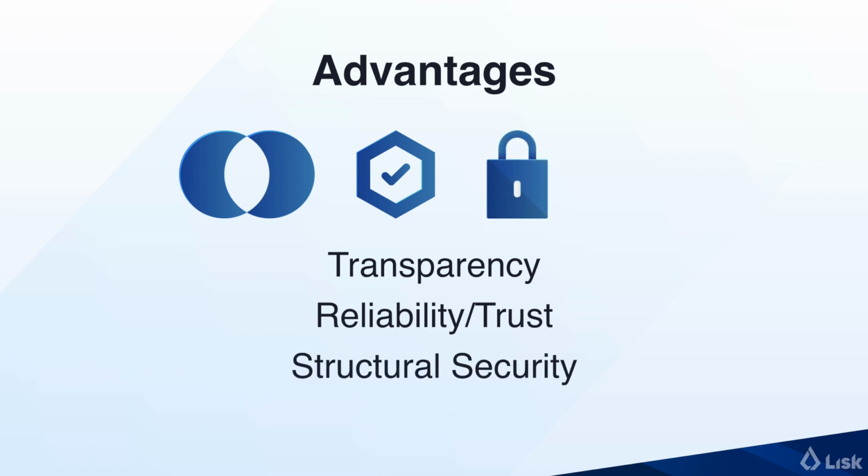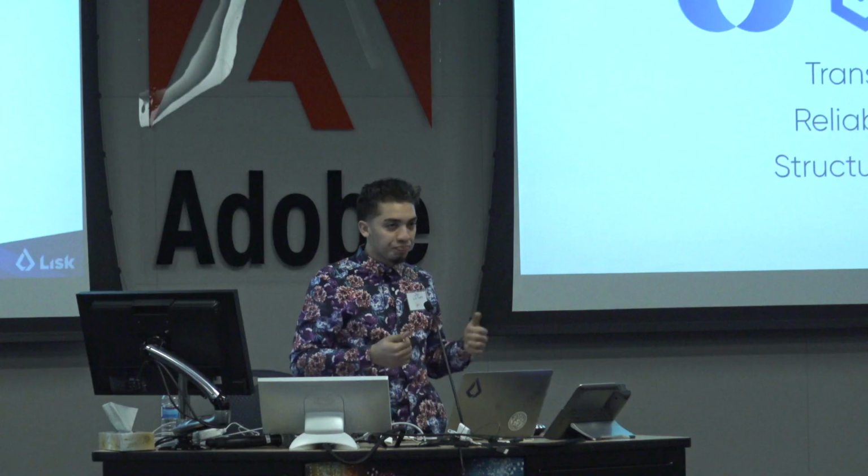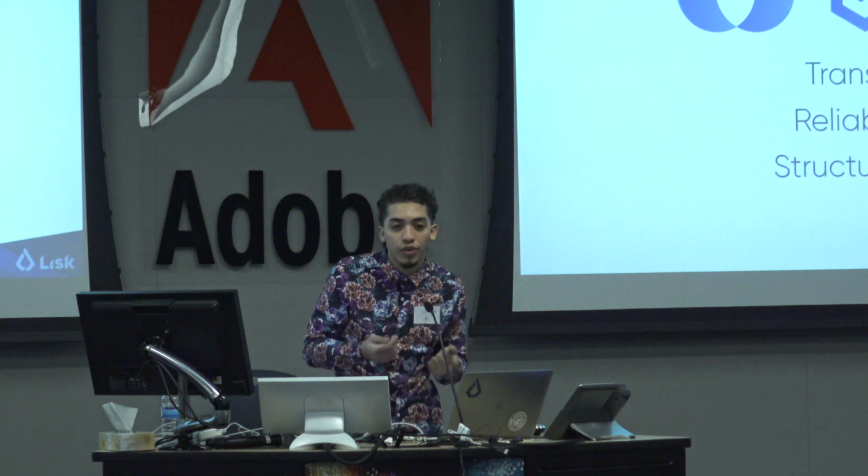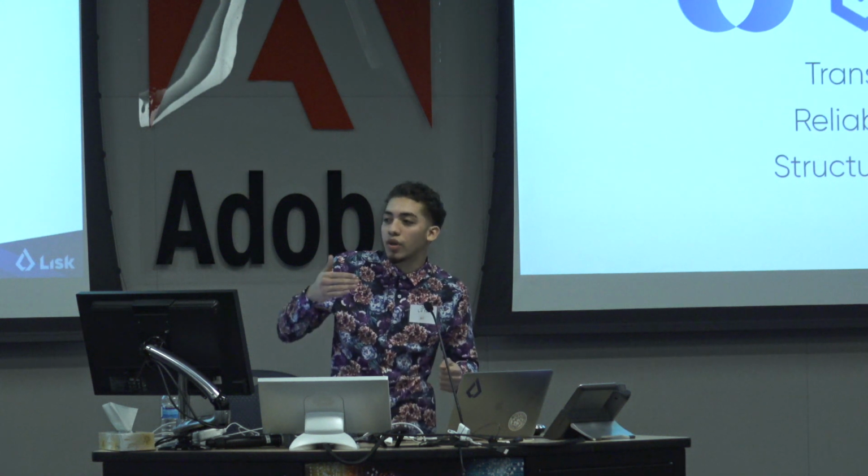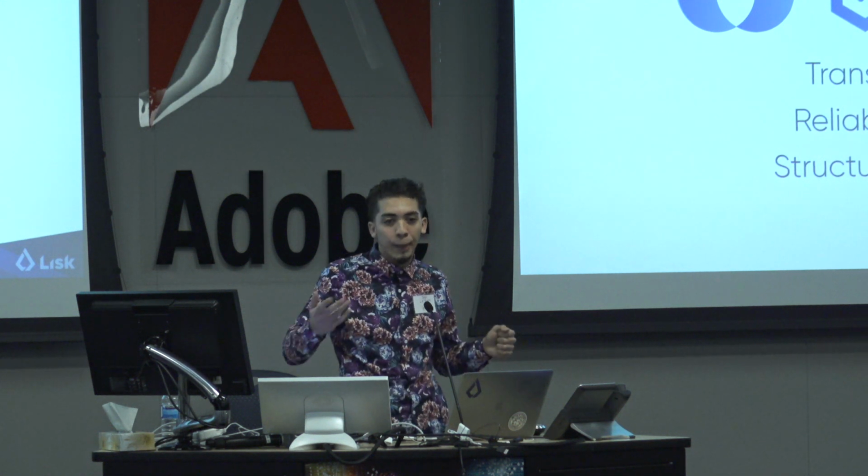Structural security. To go deeper into that, currently, to hack a system, I want to use something small, let's say just a local store. We're trying to hack a local grocery store. What you would have to do is access or compromise their database, correct?